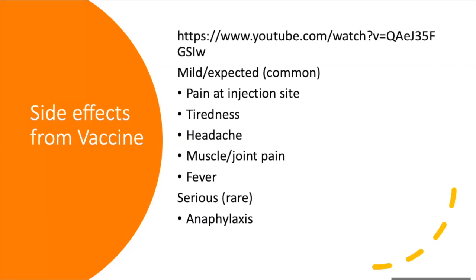Your body is reacting to this mRNA and the spike protein that you've produced. So you want to have a reaction so that you know that it's working. Not to say that if you don't have a reaction, it won't work. But for me, if you have at least some reaction, you know that something is happening.